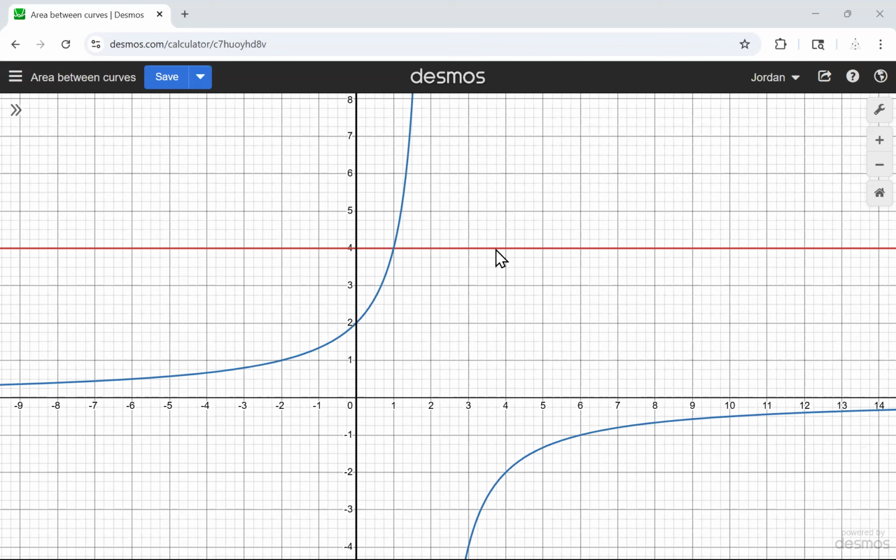And g of x is equal to 4 over 2 minus x is this rational function that is split essentially into two parts. So this curve here is the curve g of x is equal to 4 over 2 minus x.